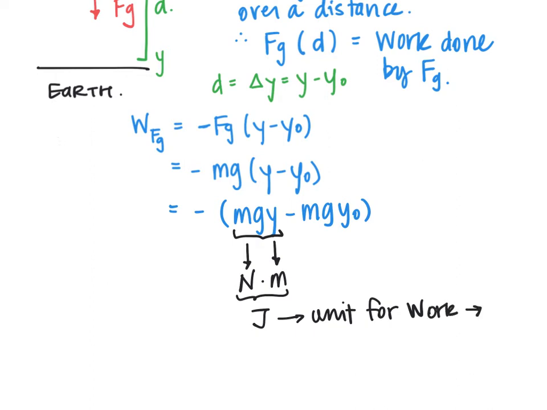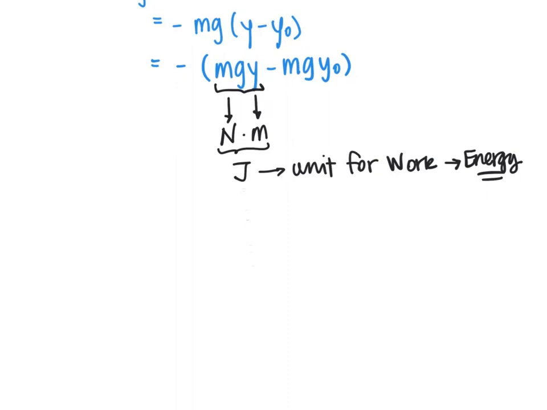So work is measured in joules, and energy is measured in joules. So this must be an energy that the object had stored because it was at that place. So this is our gravitational energy, or energy stored in the gravitational field.